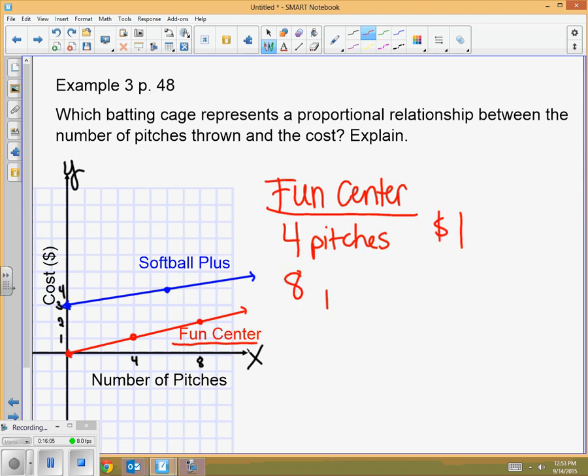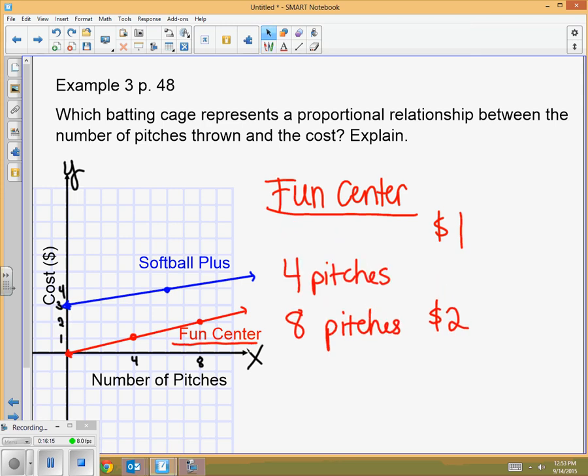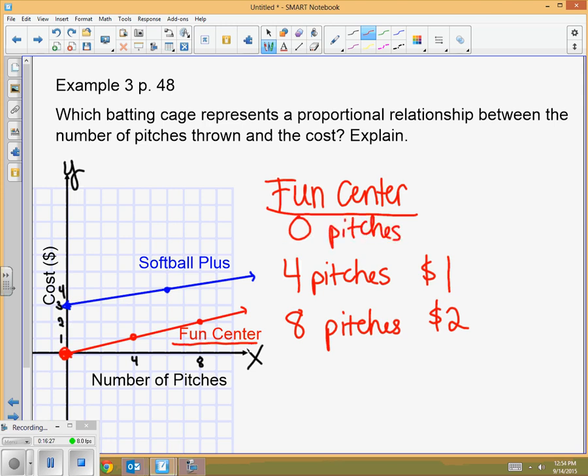For 8 pitches, it costs $2. And if you notice here, let's scroll this down a little bit, it touches the point 0, 0. So that means 0 pitches will cost $0. That sounds fair. If you're not pitching, you shouldn't have to pay, right?